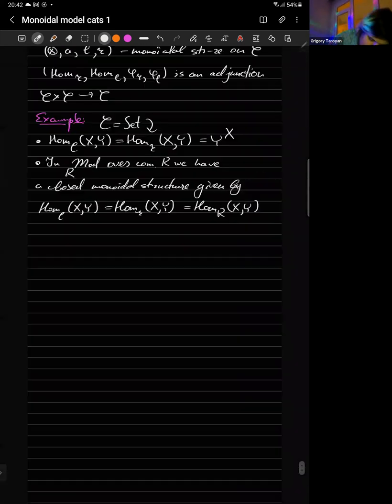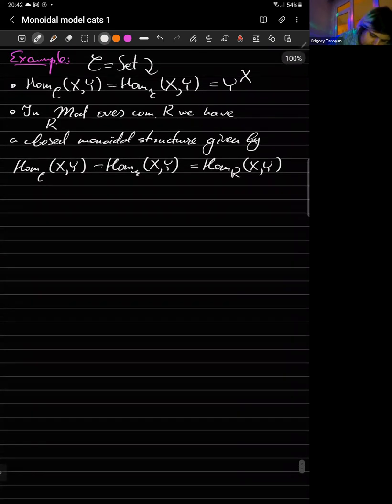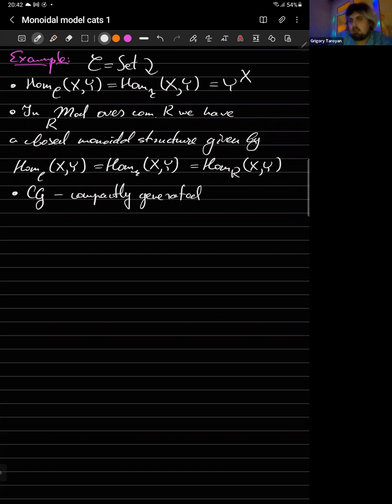So another example which explains why we're so obsessed with compactly generated topological spaces is this category, compactly generated topological spaces. And the reason is that when we take the usual power set or topological space of maps, mapping space, it is also compactly generated in compact open topology.